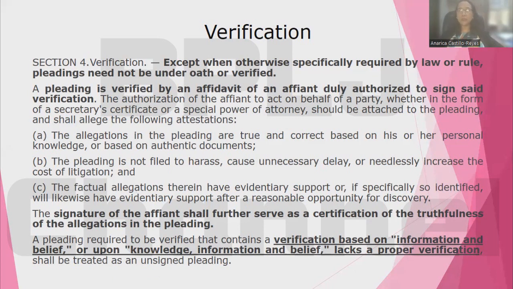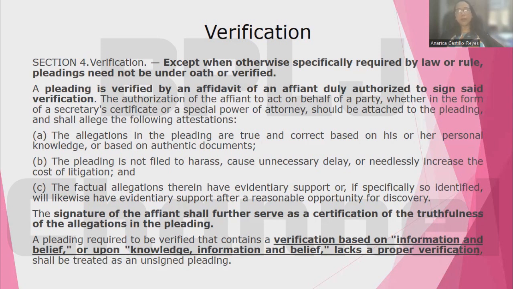Now, the authorization of the affiant, whether in the form of a secretary's certificate or SPA, should be attached to the pleading and shall allege the following: that the allegations in the pleading are true and correct based on his personal knowledge or based on authentic documents; the pleading was not filed to harass, cause delay, or needlessly increase the cost of litigation; and that the factual allegations have evidentiary support or, if specifically so identified, will likewise have evidentiary support after a reasonable opportunity for discovery.